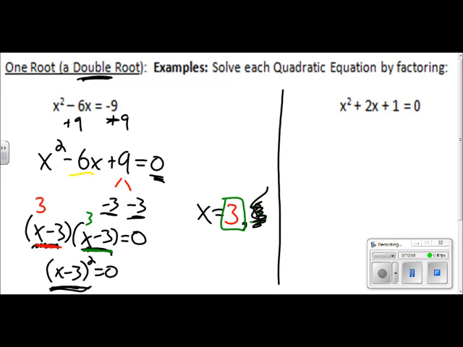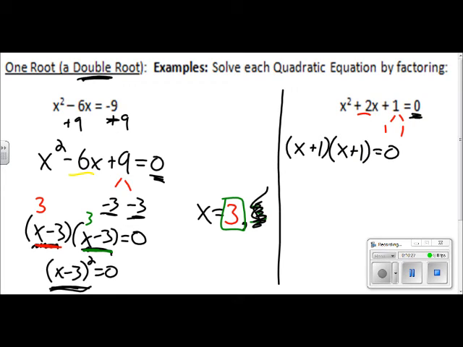Same thing over here. This one is already set equal to 0, so we're good to go there. All we have to do is find the factors of 1 that are going to add up to 2. Well, the only factors of 1 are 1 and 1, and those happen to add up to 2. So we'd say our factors are going to be x plus 1 and x plus 1.